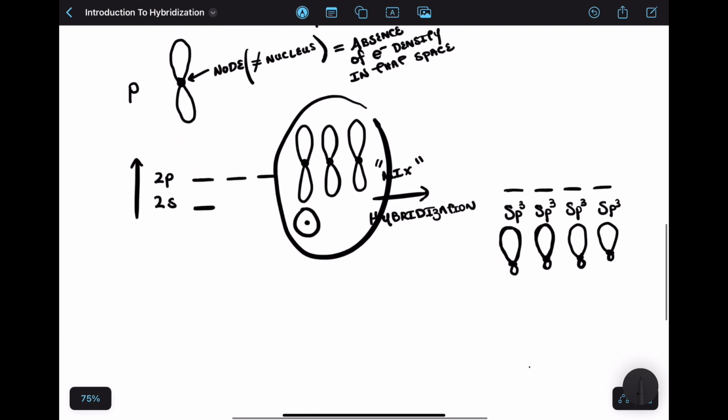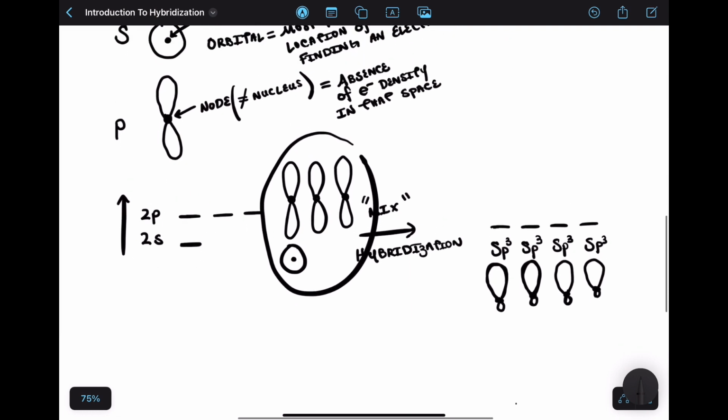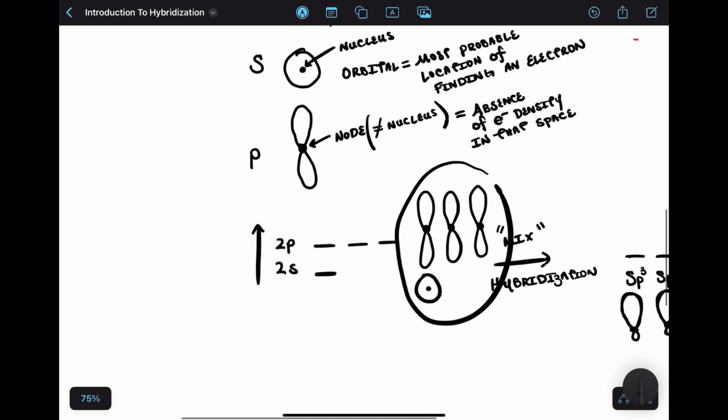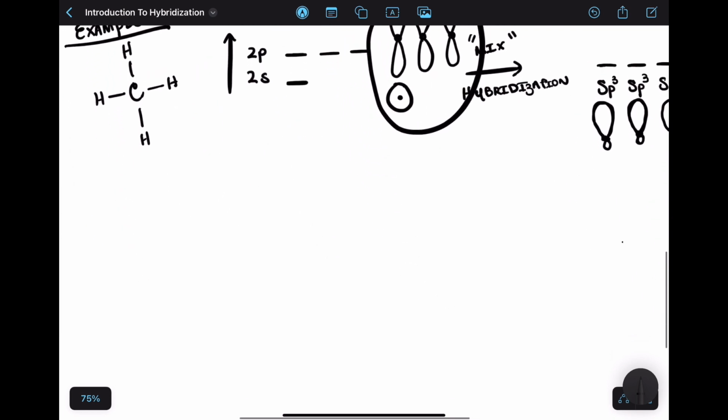So let's say this essentially was an example representing CH4. Actually, let's draw it out. CH4. How else might we be able to mix those orbitals?